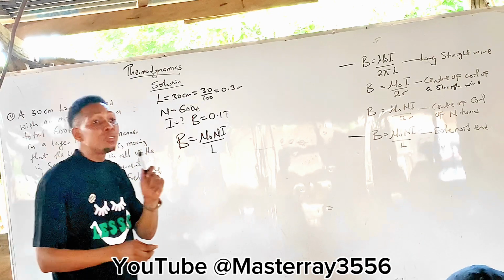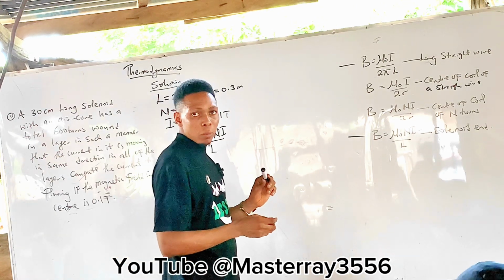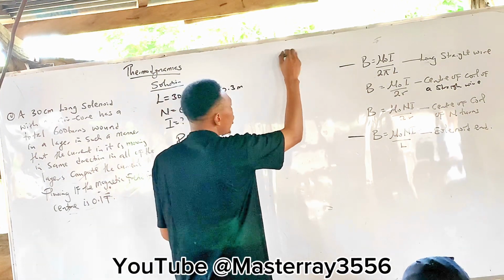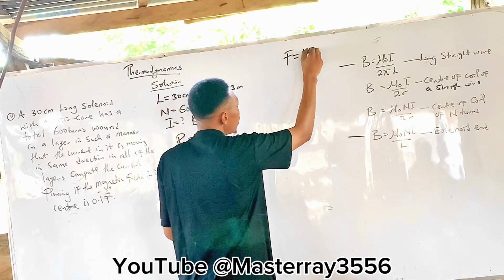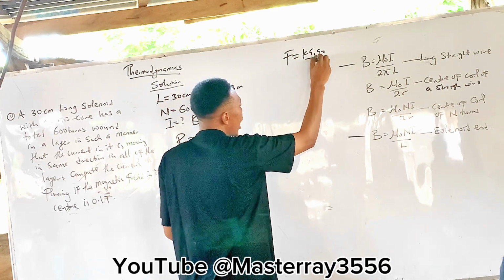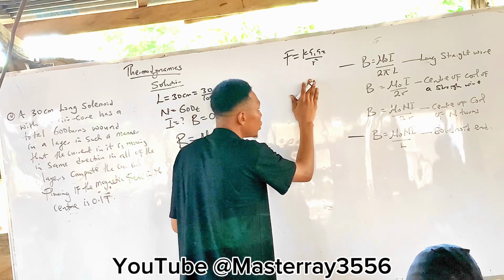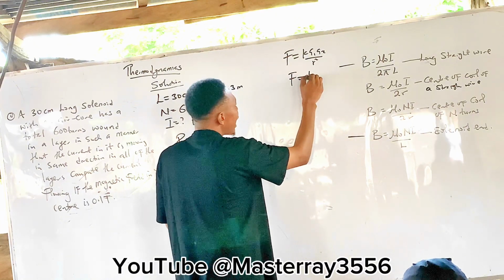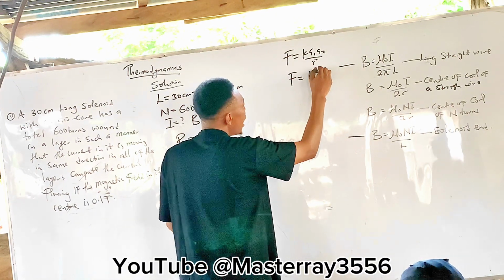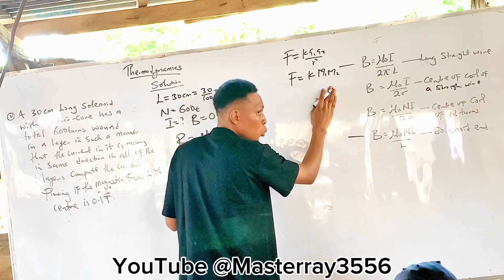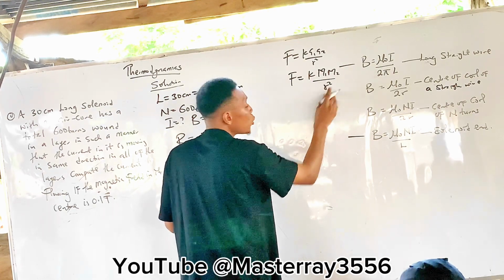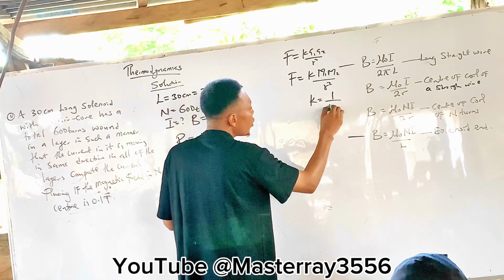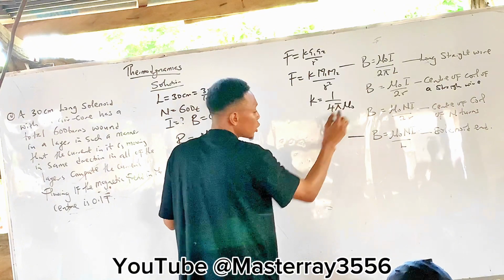Now under magnetic field, please pay attention. You already know that normally the force of attraction is F equals K Q1 Q2 over R squared. But in terms of magnetic field, the magnetic force is F equals K M1 M2 over R squared, where K equals 1 over 4 pi mu naught.